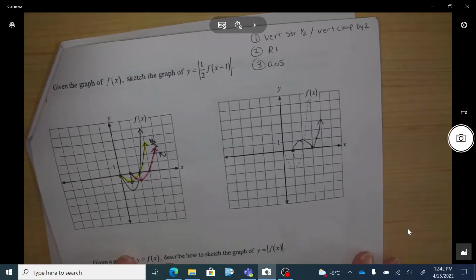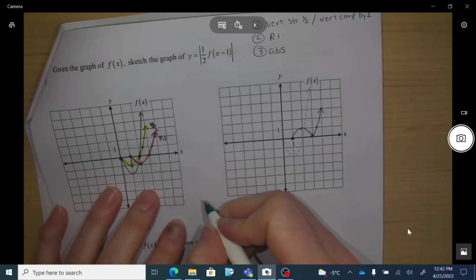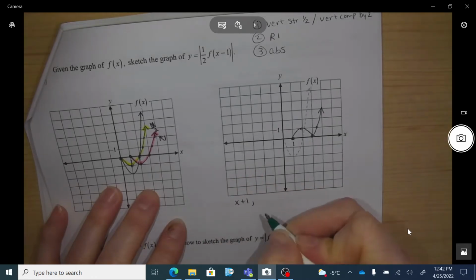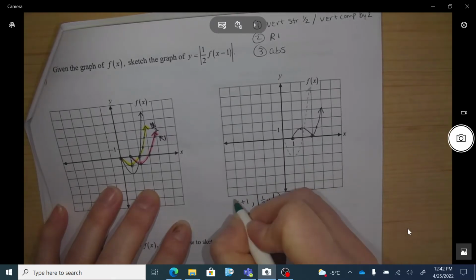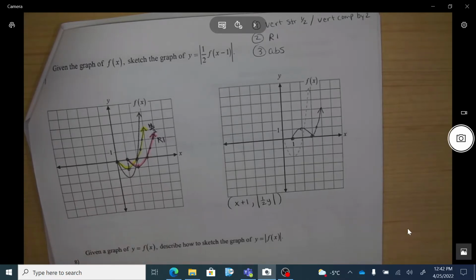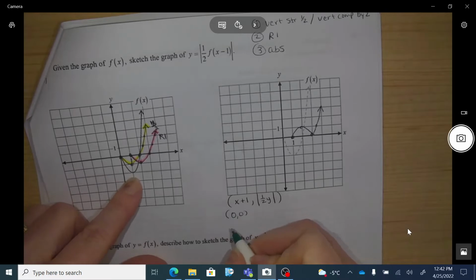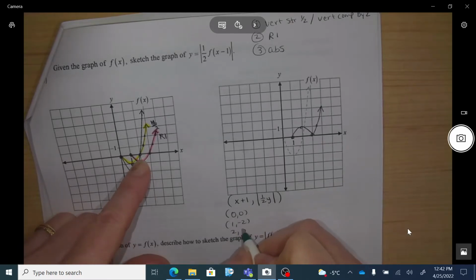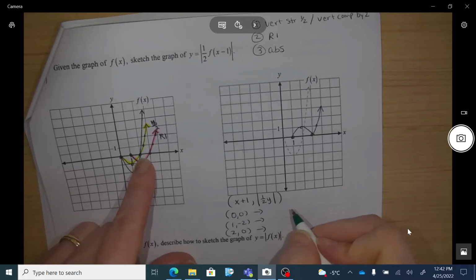Okay, and if you wanted to do the coordinates, so we're going to go x plus 1, and then a half y all gets absoluted. So I had a 0, 0. I had a 1, negative 2 on my original. I had a 2, 0. And I'm going to do another 2 points.